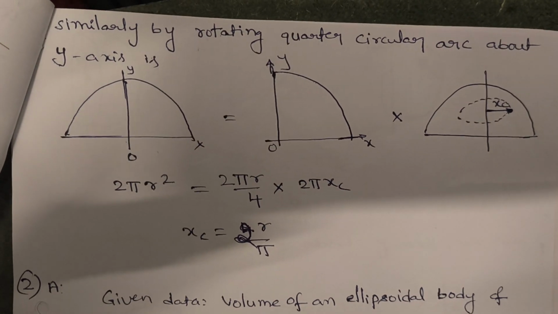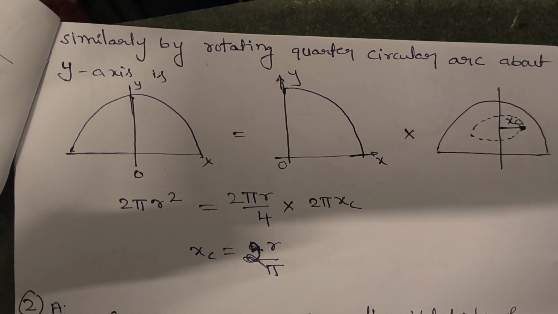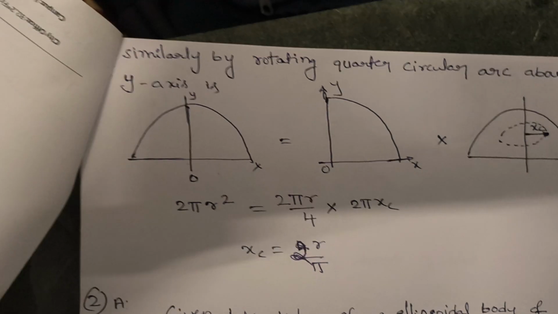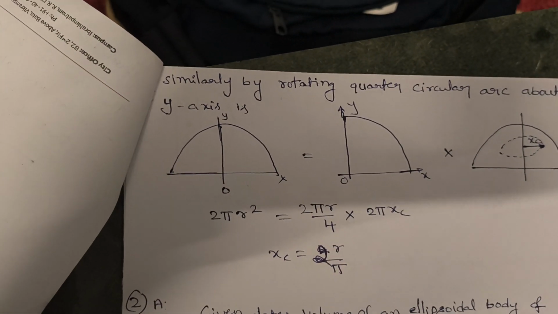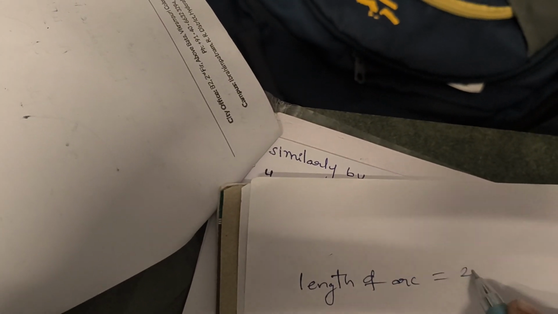This is how to find the centroid of a quarter circular arc. If you still have any doubts, remember that the length of the arc is 2 pi r by 4.